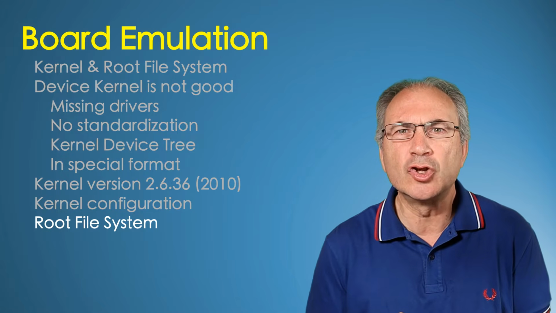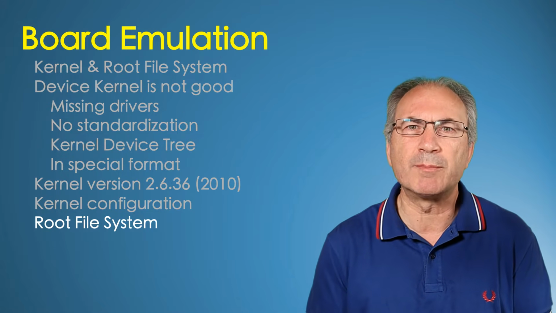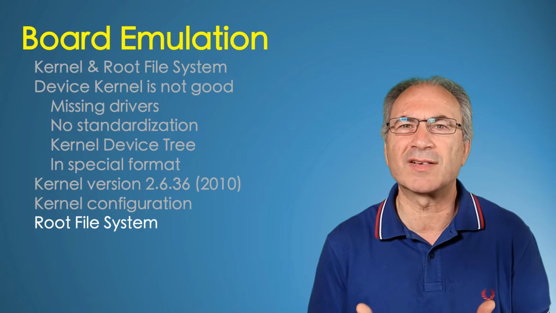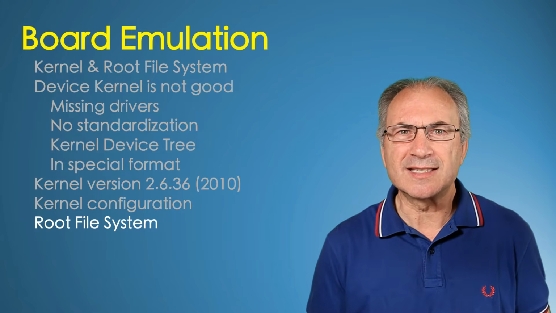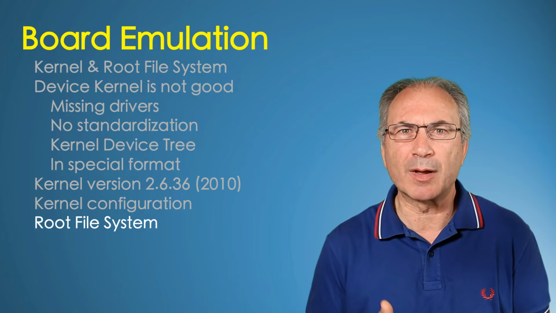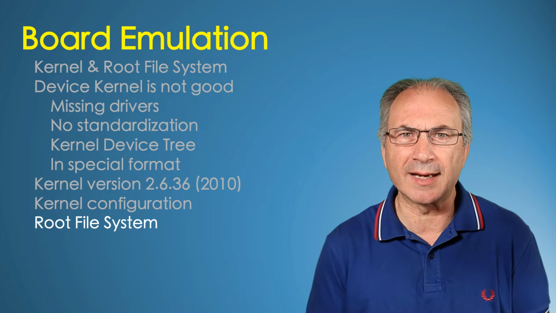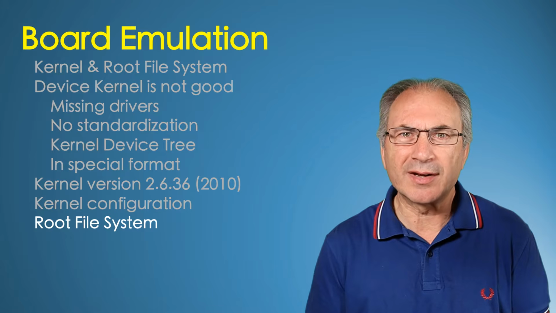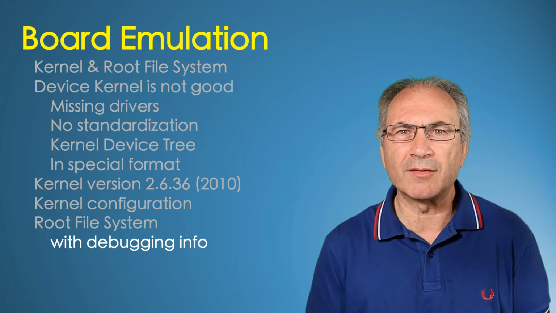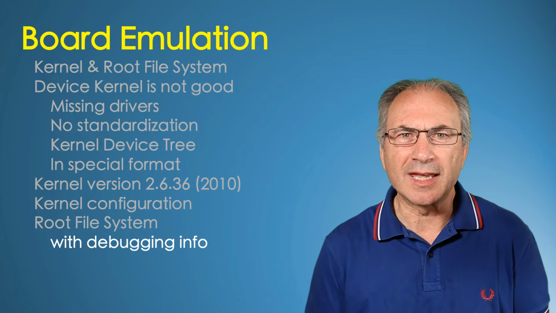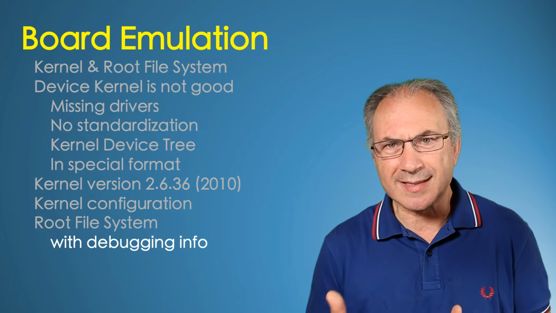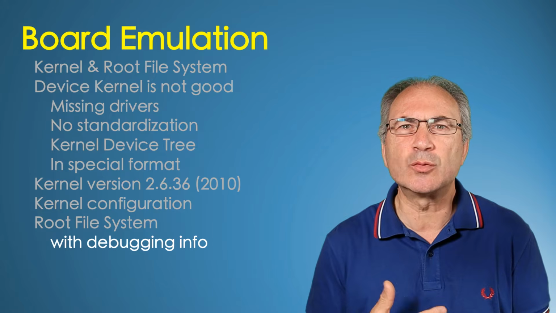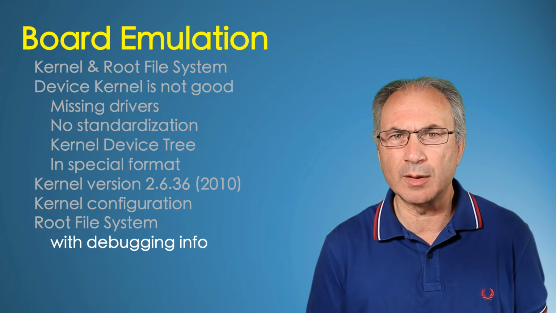That means that they don't have symbols to help in debugging and in reverse engineering. Our idea, instead, is to build a root file system with every executable binary and every library compiled with debugging information. In this way, when we want to reverse engineer an IoT binary we are interested in, we can execute it with GDB, the GNU debugger.